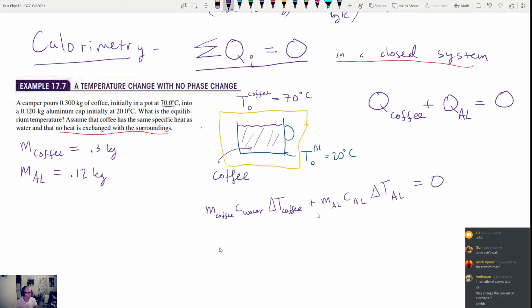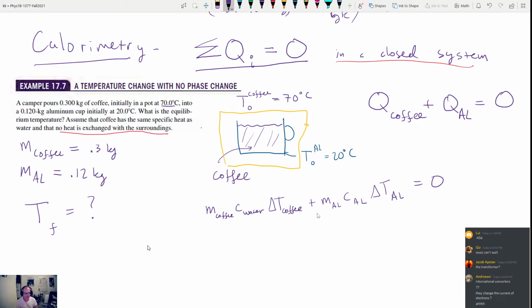Like that. And then we just solve for the information we want, which in this case is, what is the final temperature? Both of them will have the same final temperature.